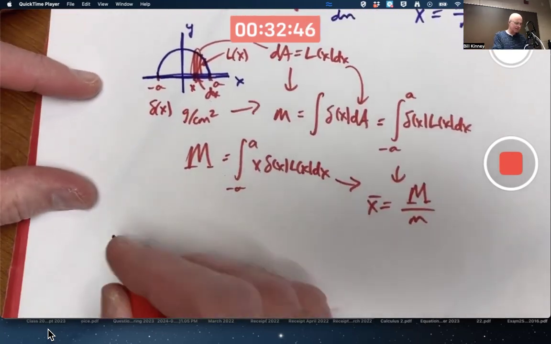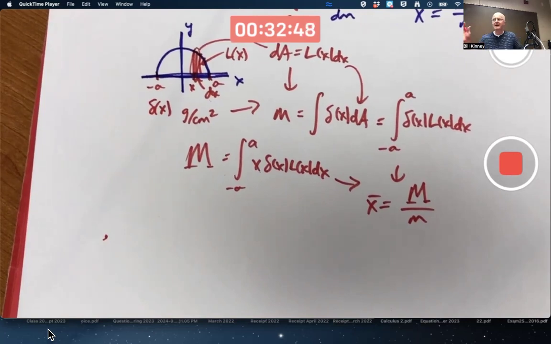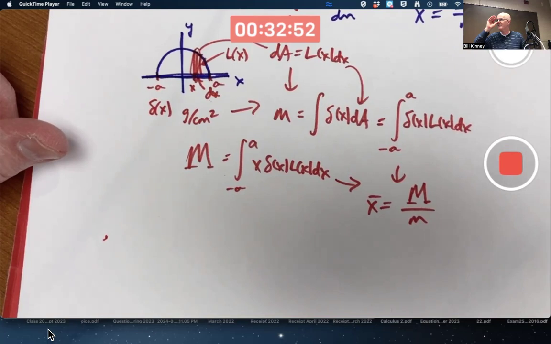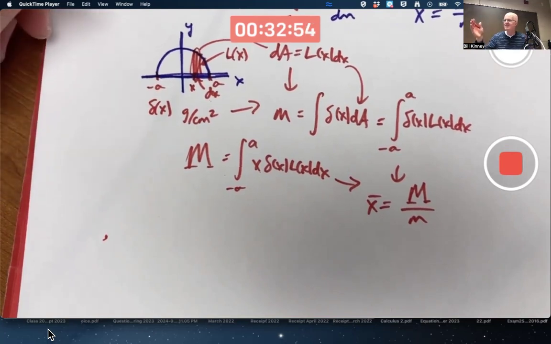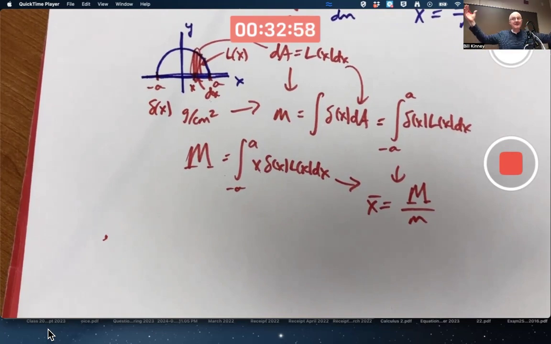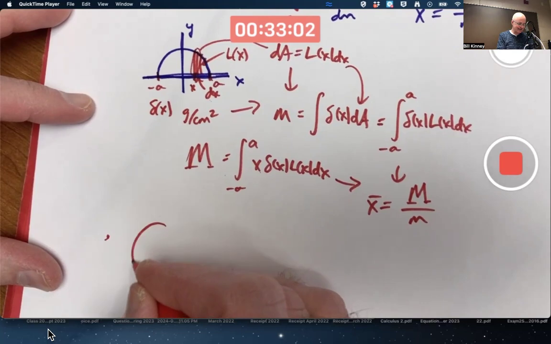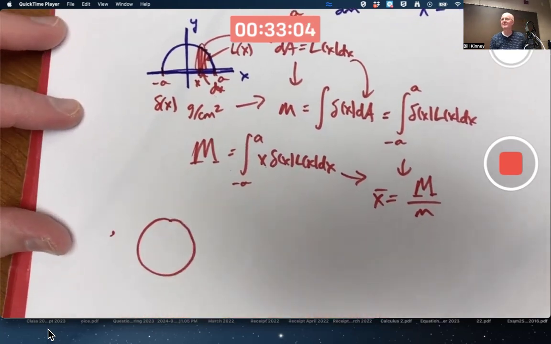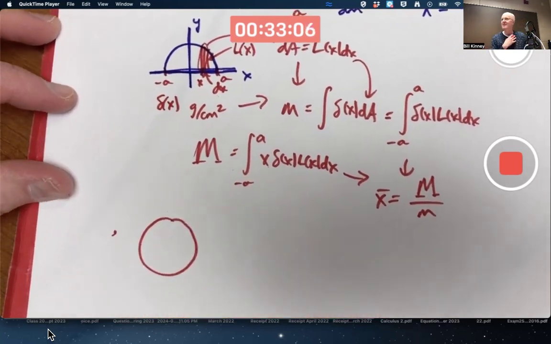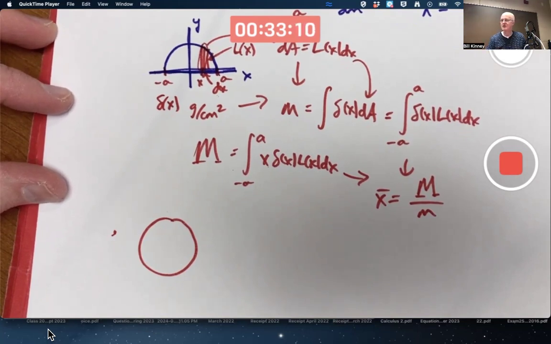We also did problems, I'm not going to go into detail for sake of time, about population and mass of the atmosphere. Do you remember doing that? We had a city shaped like a circle, just for the sake of doing it. Not that there are many cities shaped like circles.